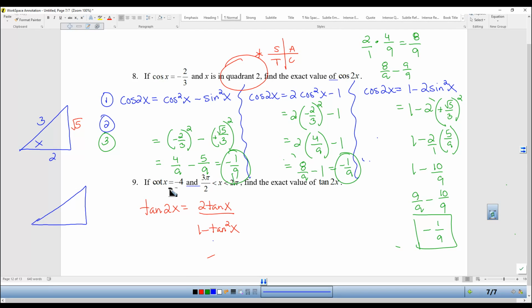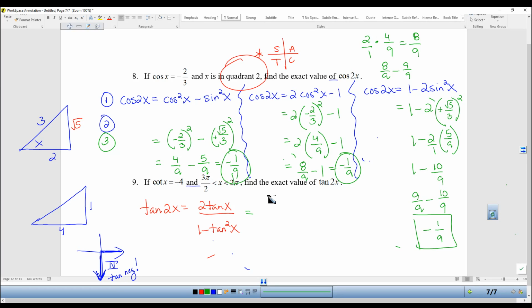It's a cotangent, which is adjacent over opposite. It's negative because what quadrant is that? 3 pi halves, which is here, and 2 pi, which is here. So that's their fancy way of saying you're in quadrant 4. So since you're in quadrant 4, tangent is going to be negative, which will be important in filling this out.